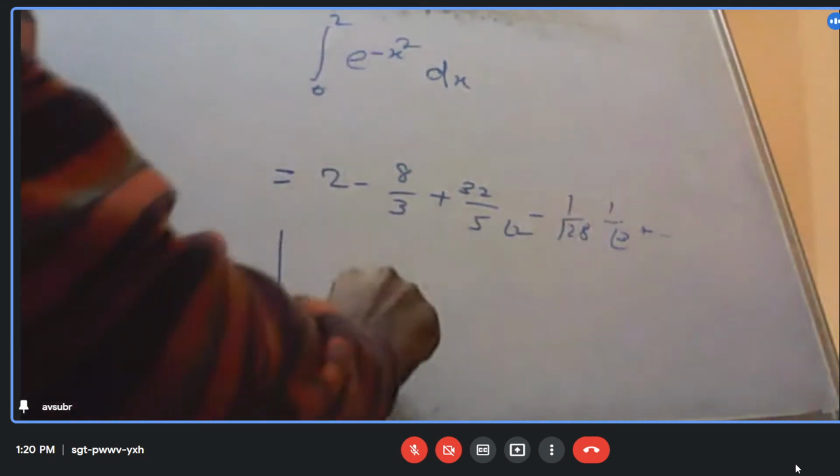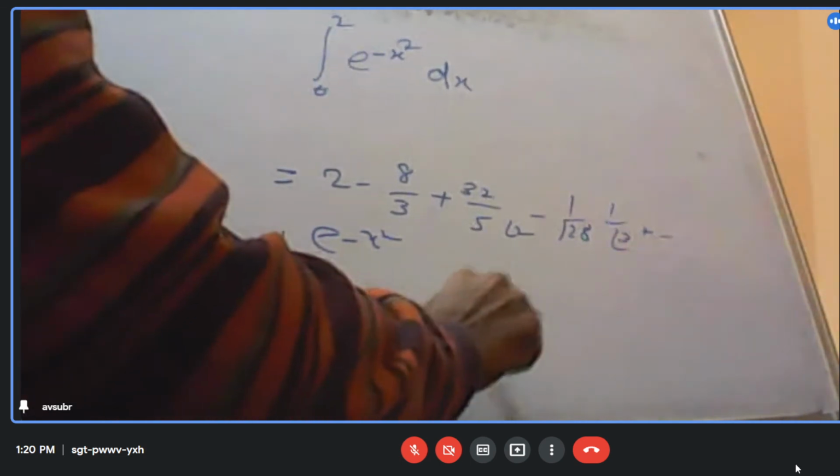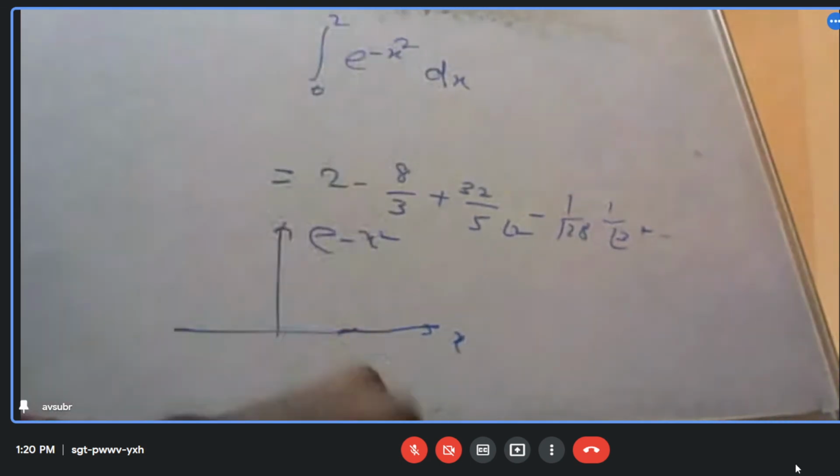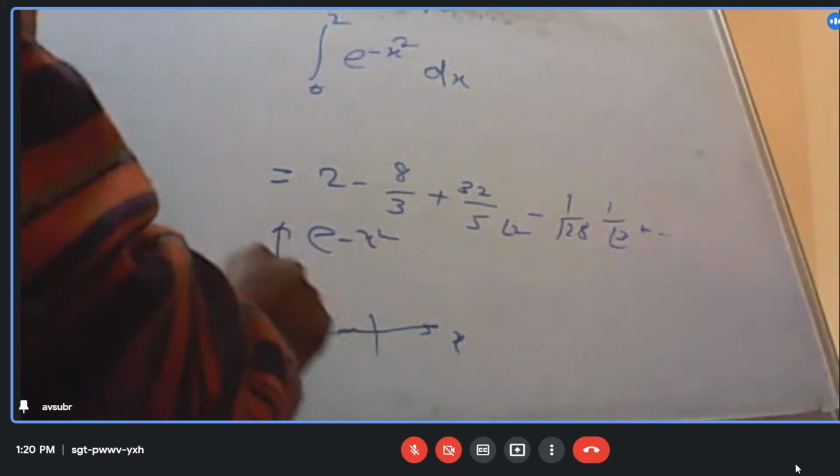On one axis you put e to the power minus x square, on another one you put x and plot it. And then you find out that between 0 and 2 what will be the area.